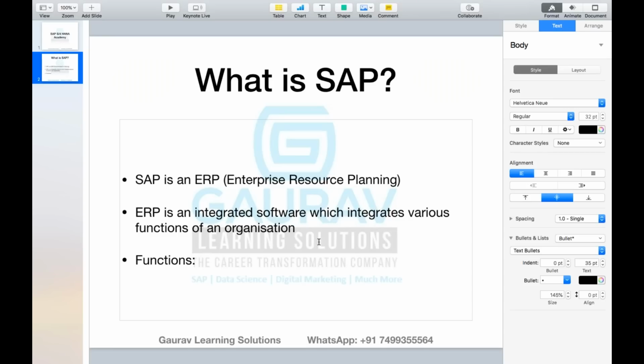Can you tell me what the different departments this organization has are, and what different functions they are performing? Production. Procurement, someone has said, yeah. What else? Marketing, so I'll say sales and marketing.